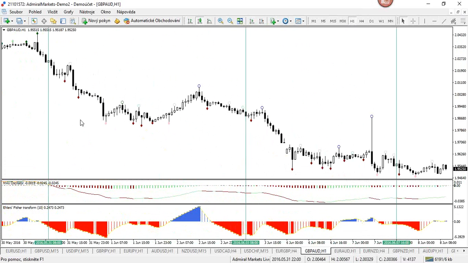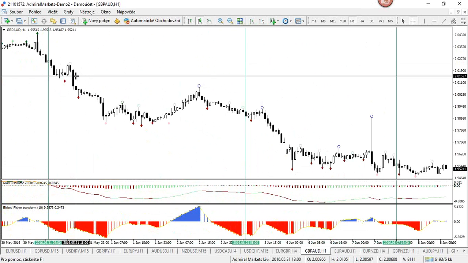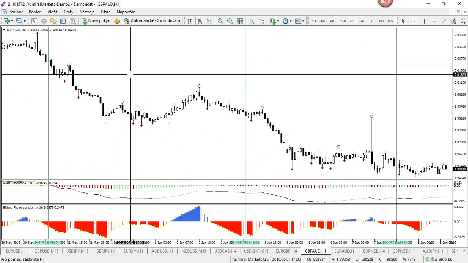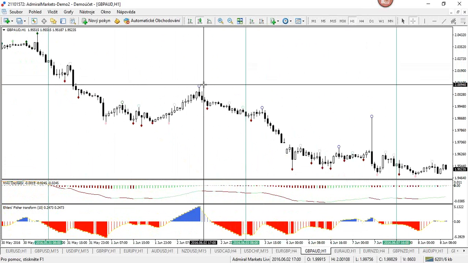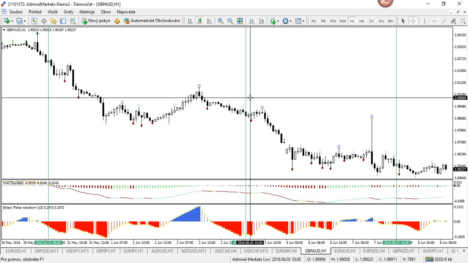All right, hourly, you can see that we had setups here on this candle, on this candle, on this candle, and in here.